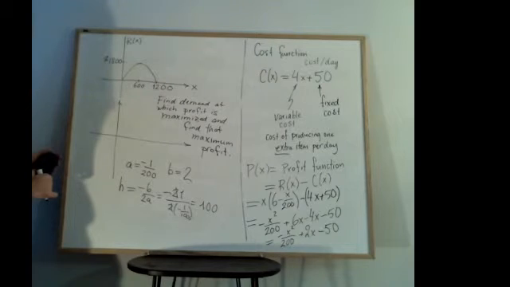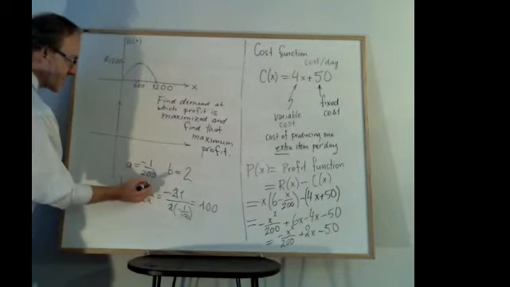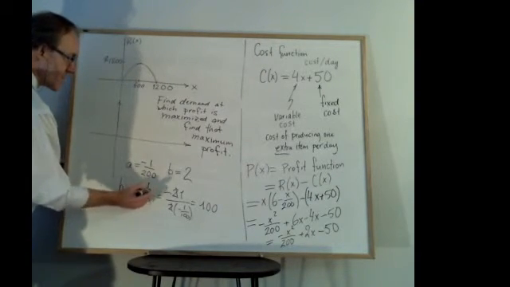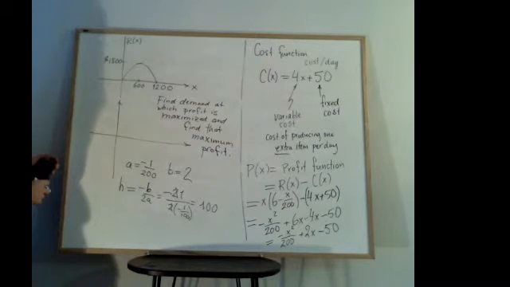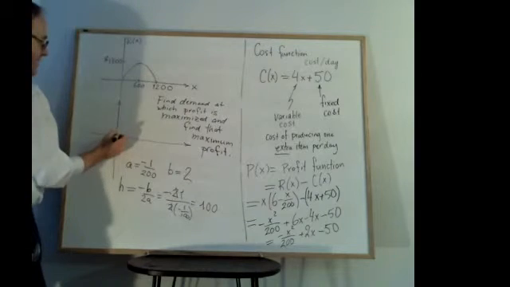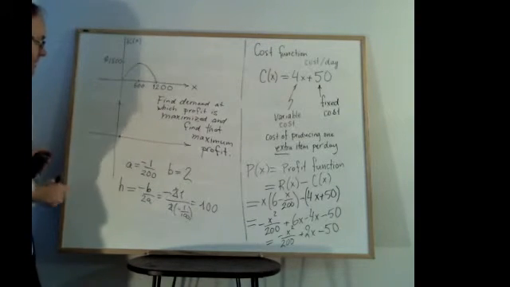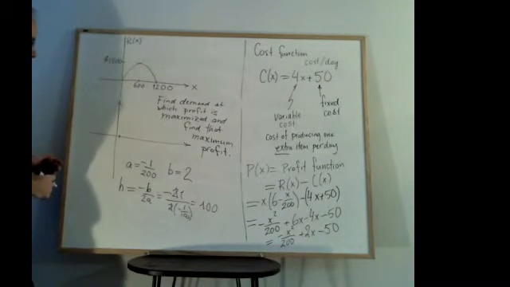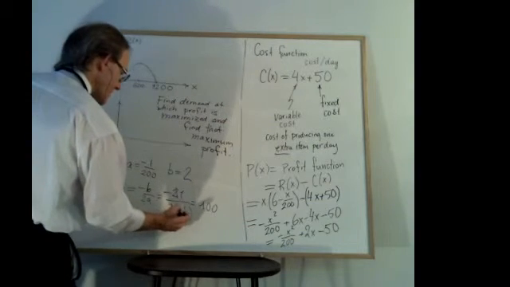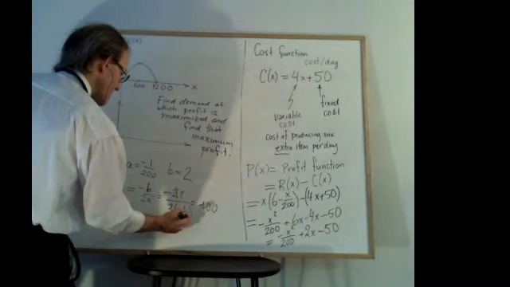Okay. It's b, not 6. Okay, so it's now closer to the origin where I have the maximum. Oh, sorry, I did something wrong. That should be 200.